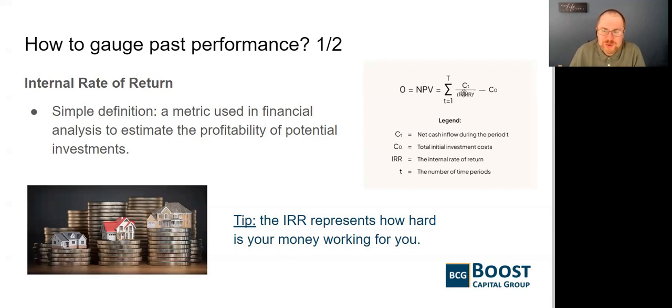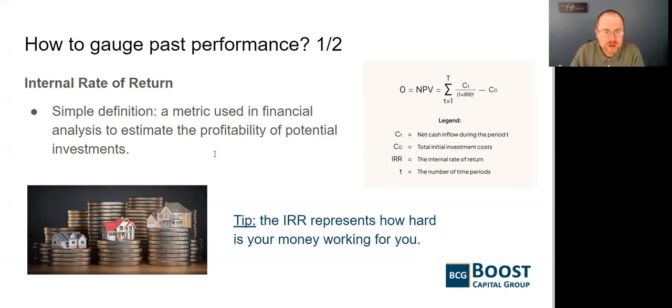To make it simple, the simple definition that I put here on the screen is: the internal rate of return, or IRR, is a metric used in financial analysis to estimate the profitability of potential investments.